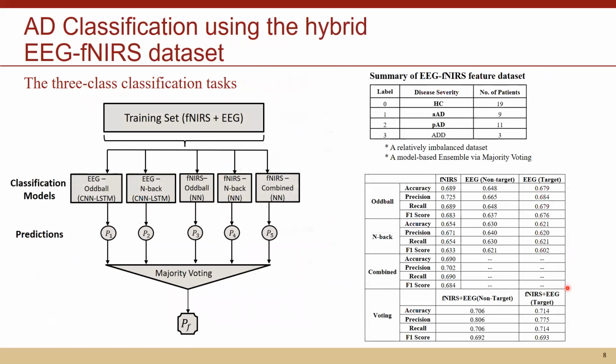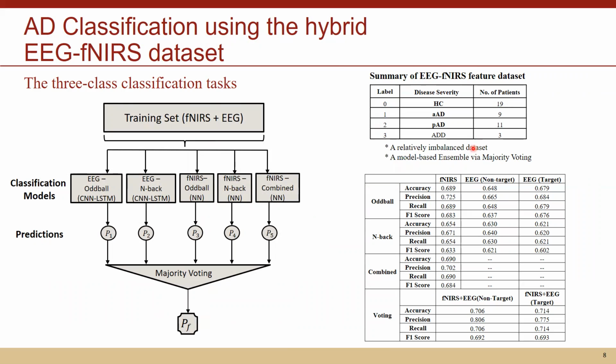Now, in order to compare the results, we combine the EEG and fNIRS datasets, like this is the input, and then we examine different models: CNN-LSTM for OPAL and N-back, and neural network for OPAL and N-back here. Then we do majority voting to predict the final predictions by calculating the probabilities.